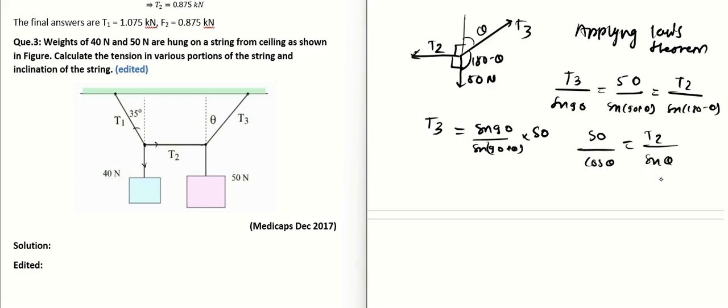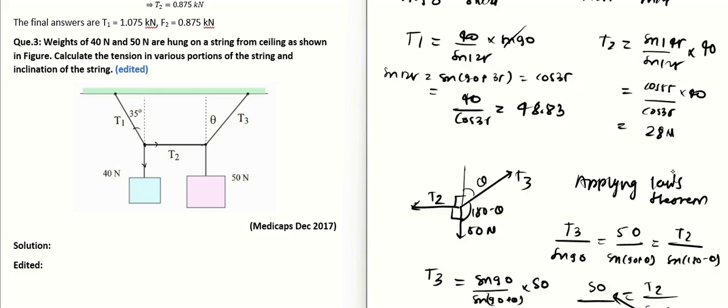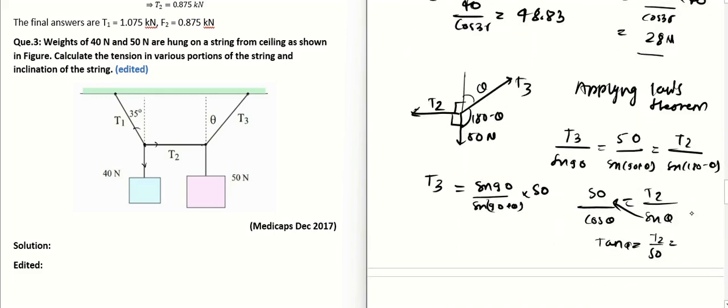So we have tan theta, which is nothing but sin theta by cos theta, and it will be T2 by 50, and the value of T2 we have previously calculated as 28 Newton. So it will be 28 by 50. Let us calculate 28 divided by 50.